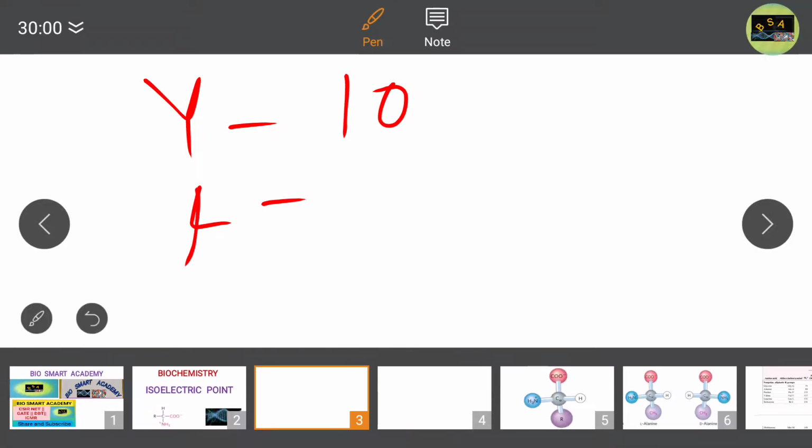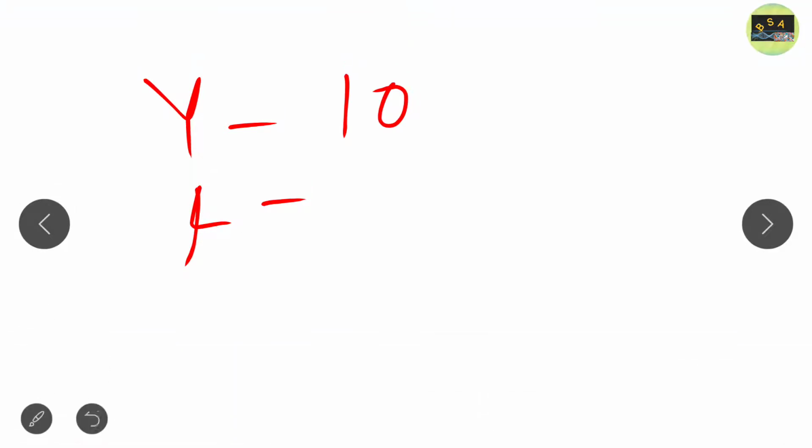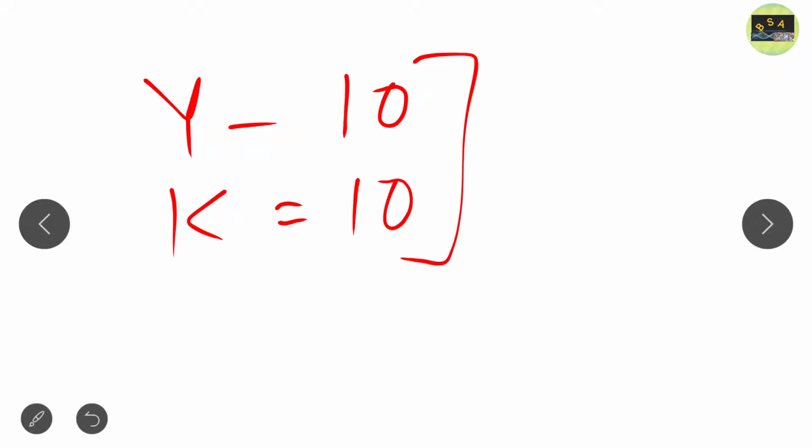Now, how can you remember the pKr value for cysteine and tyrosine? The pKr value for tyrosine is also 10, and the pKr value for lysine is also 10. Lysine is K. So you can combine tyrosine Y and K, both taken as 10: YK, 10, tyrosine and lysine.